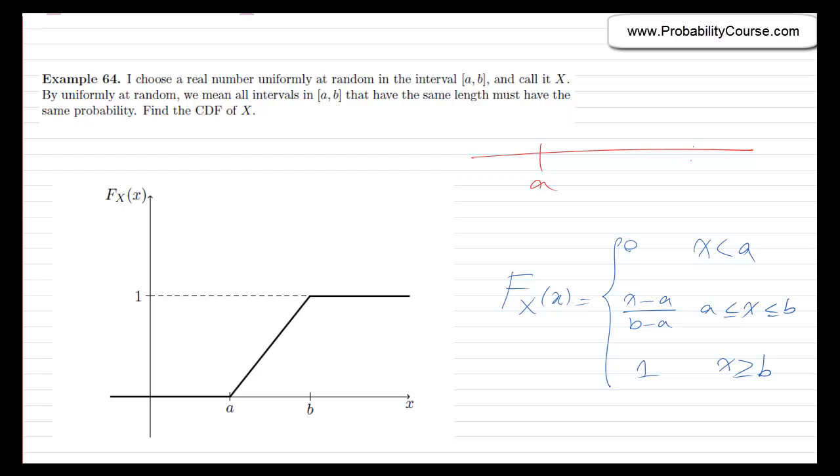We chose a random number, uniformly at random, in the interval from a to b.